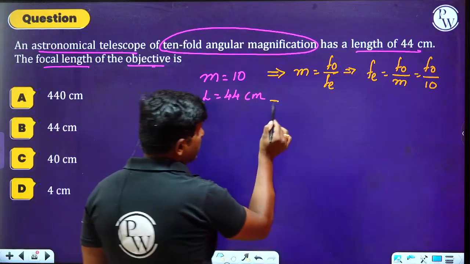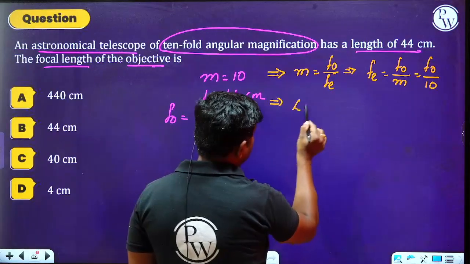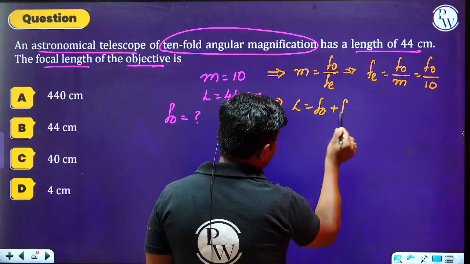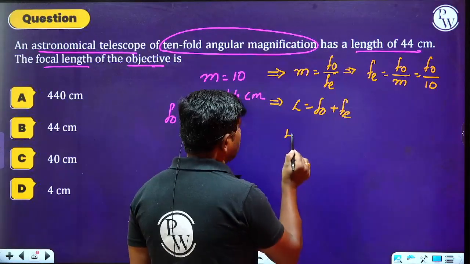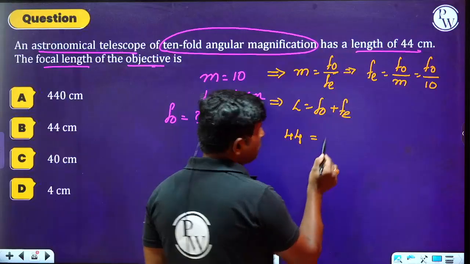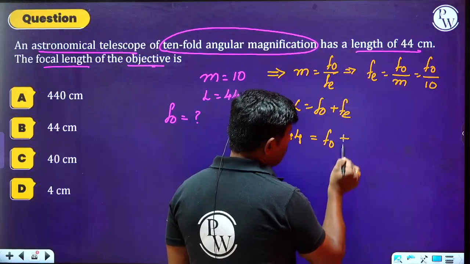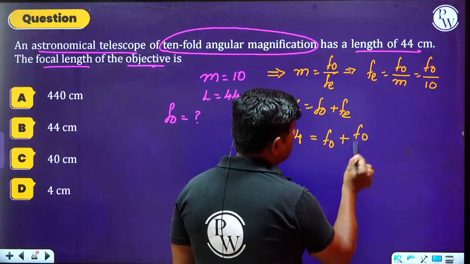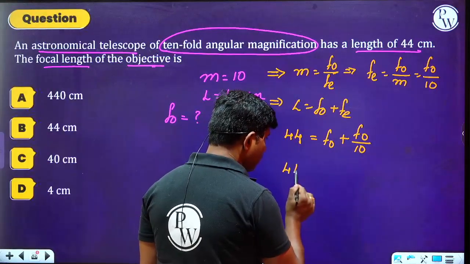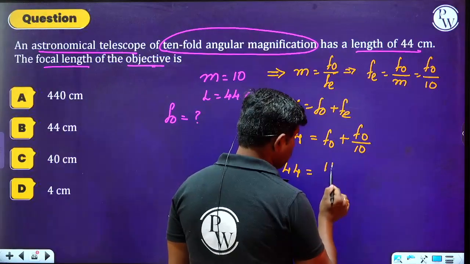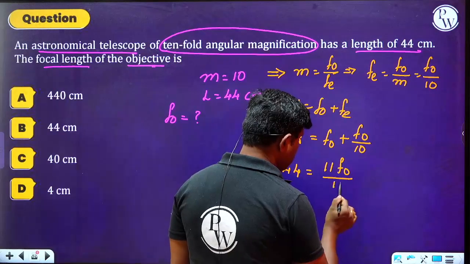So what is L? L is equal to FO plus FE. Just substitute 44 is equal to FO, let us keep this value as it is, and FE is FO by 10. Whenever we do simplification, 44 is equal to 11 FO divided by 10.